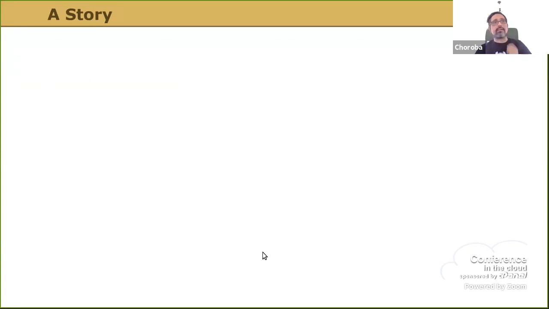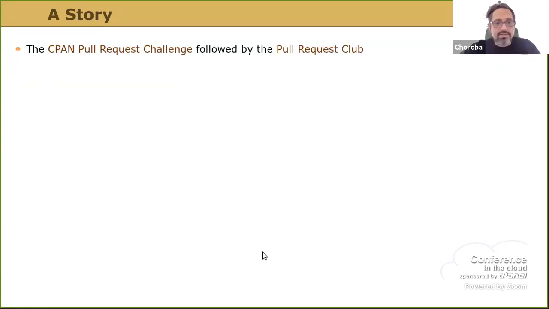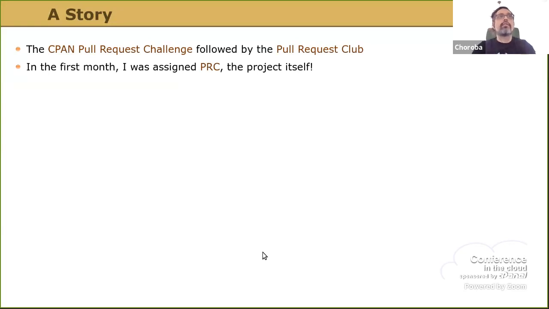So a story. There was a recent lightning talk by Kivanch about the pull request club, which was a successor to the CPAN pull request challenge. And when I joined it in the very first month, I was assigned the pull request challenge, the app itself.